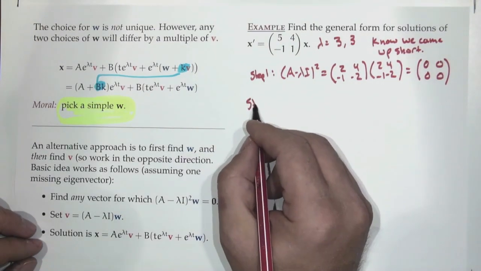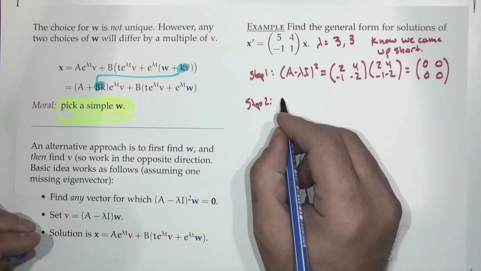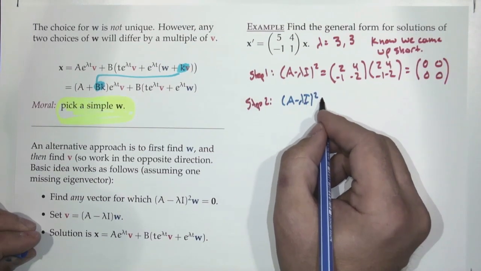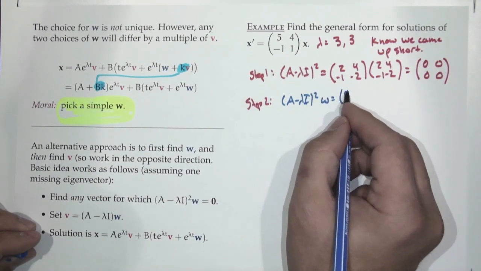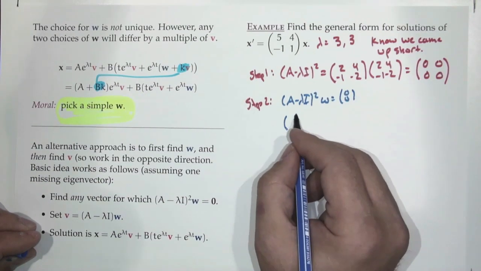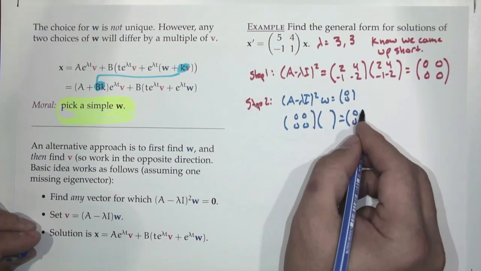Step 2. Why am I using the same color? That's so unlike me. Step 2. We're going to take (A minus lambda I) squared times w equals (0, 0). So we're looking for some vector w. There's the 0 matrix times something giving us the 0 vector.